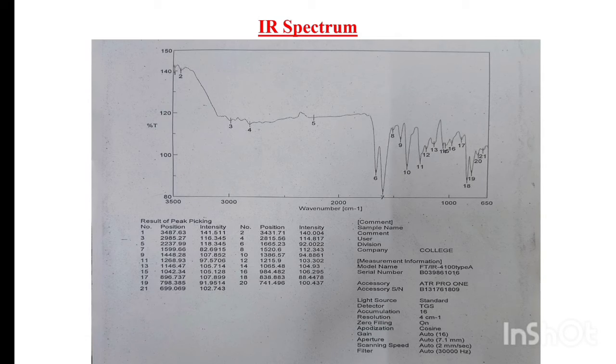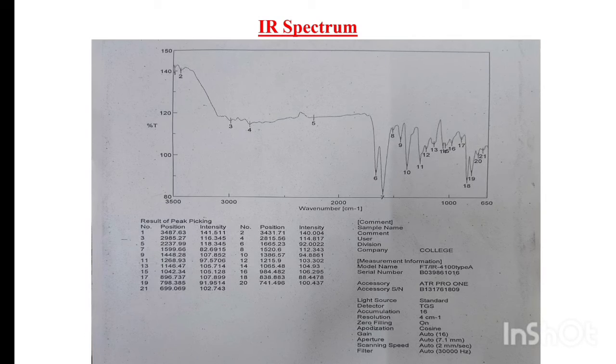Here the aromatic ring can be identified by peak numbers 7, 8 and 9, as the aromatic ring ranges between 1600 to 1500 to 1430, and peak number 7 shows 1599.66, peak number 8 shows 1520.6 and peak number 9 shows 1448.28.